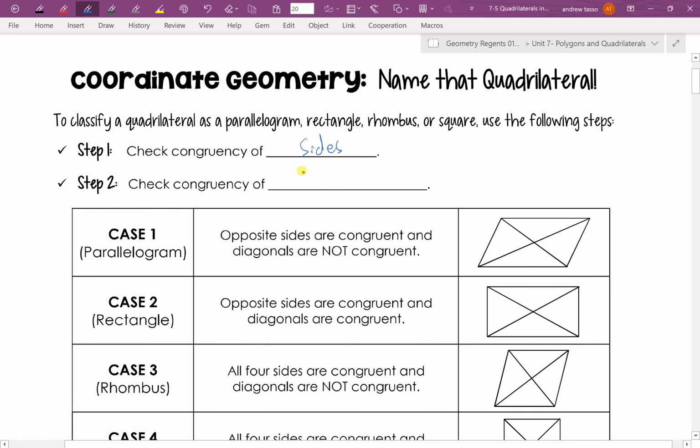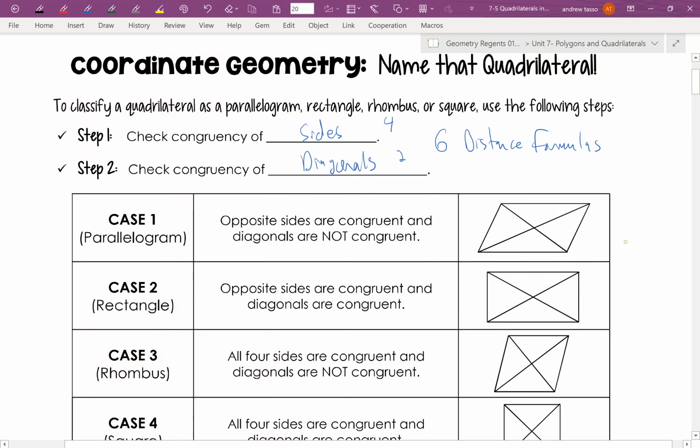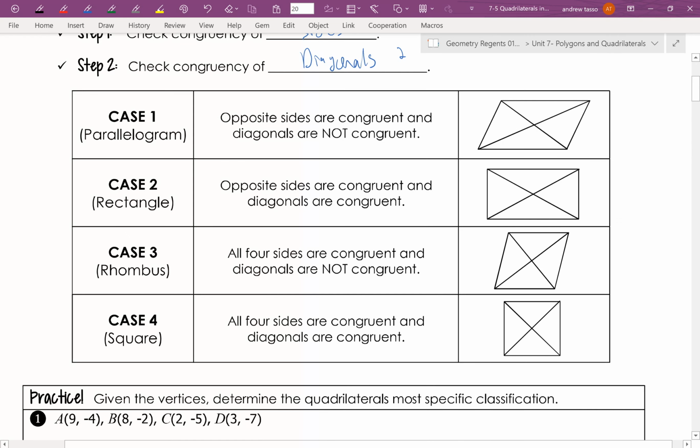And then we also have to check for the congruency of the diagonals. In doing so, we're using a total of 6 distance formulas: 4 are coming from the 4 sides, and 2 of them are coming from the 2 diagonals. And then depending on what the results are, we could fall into one of these 4 categories.